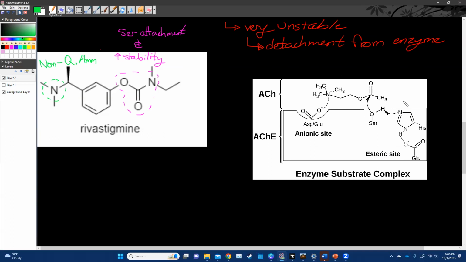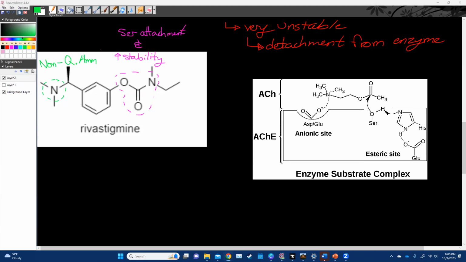And this is what's going to enable the water to come in and break apart acetylcholine. Does that answer your question? Exactly. Yep.